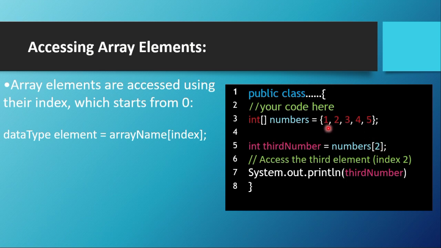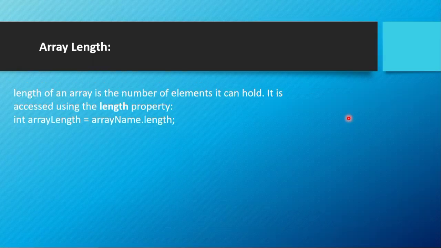Index number 2 is going to be this guy here, because we have 0, 1, and 2, and that's how the Java compiler is going to read this. So we're going to say int thirdNumber is equal to numbers at index number 2, and then we just System.out.println thirdNumber here, and then your output is going to be this value in the middle. Hope that makes sense.